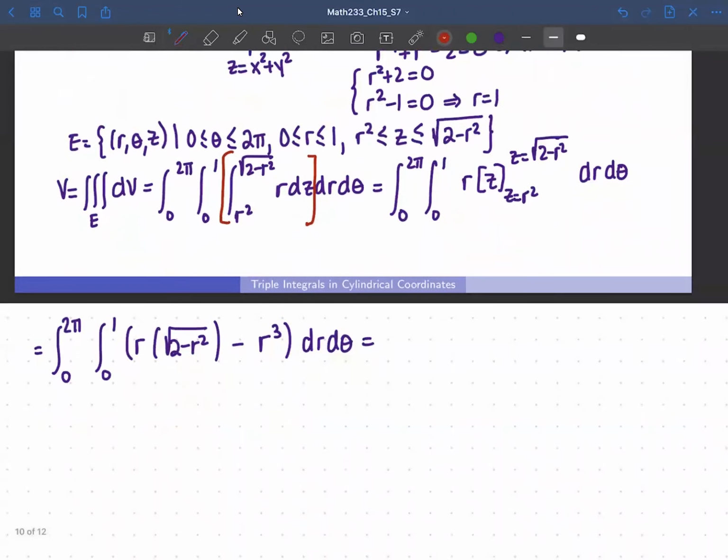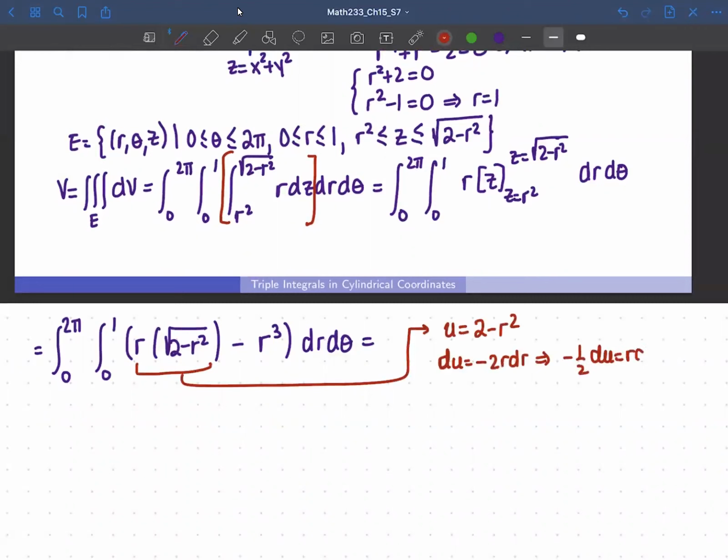So from the first term, we need to do a u substitution. Substituting u with what we have underneath the square root, u equals 2 minus r squared, that will give us du is equal to negative 2r dr, which gives us that negative 1/2 du is equal to r dr. So therefore, we'll have the integral of negative 1/2 u to the 1/2 du, which gives us negative 1/2 times 2/3 u to the 3/2, plus c.